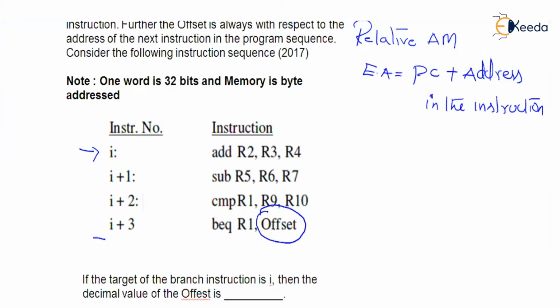You know that this offset address part of the instruction will be added to the program counter value, which holds the address of the next instruction, right? The program counter holds the address of the next instruction.